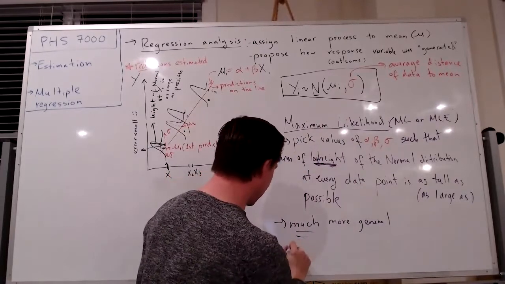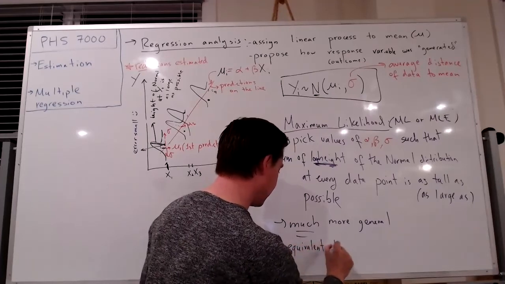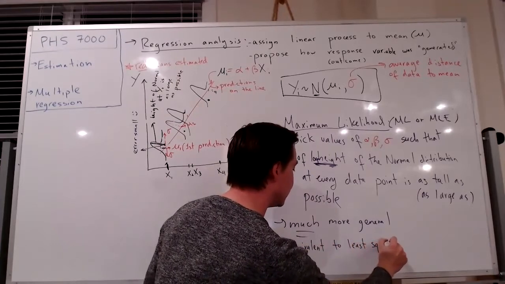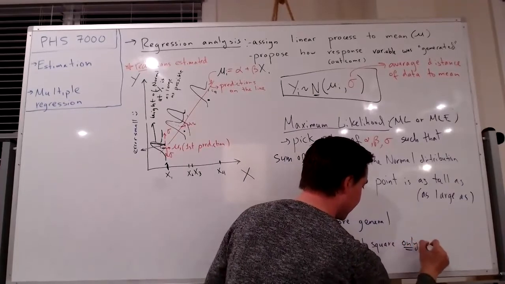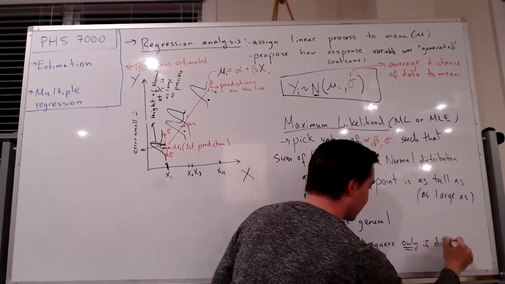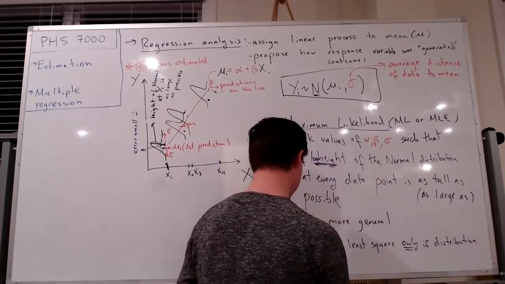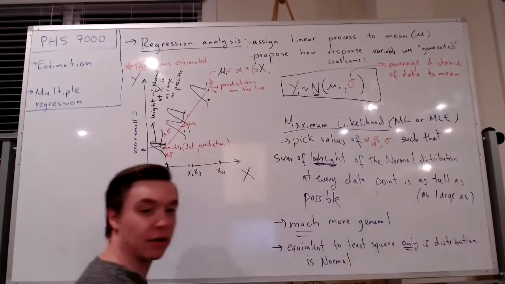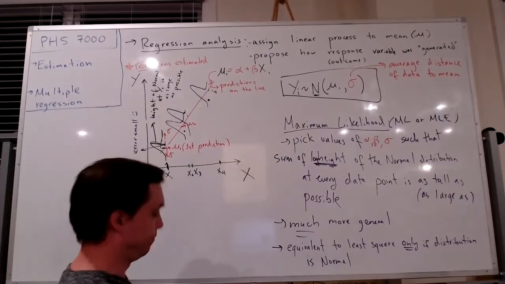Maximum likelihood is equivalent to least squares only if the distribution is normal. Not so otherwise, and maximum likelihood will be a lot more general.